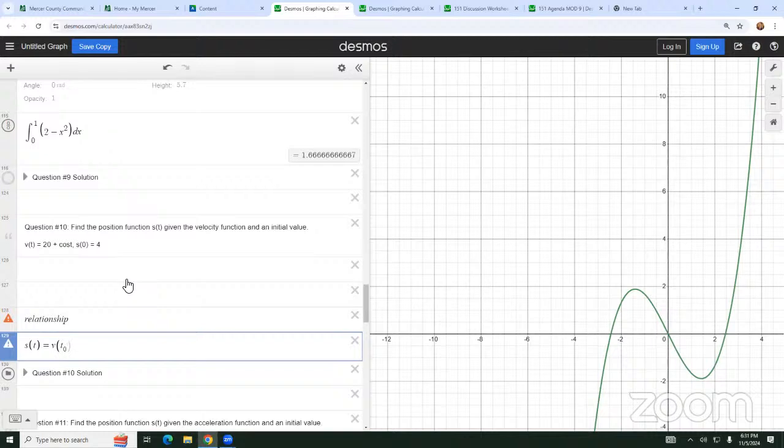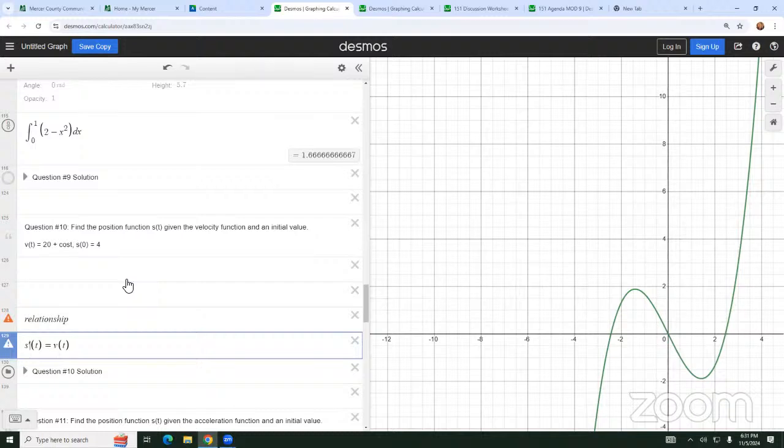Which one gets the derivative, the position or the velocity? The velocity is the derivative of position, right? And what's acceleration? Wouldn't acceleration be the third derivative? Second derivative? The derivative of velocity, or the second derivative of position.